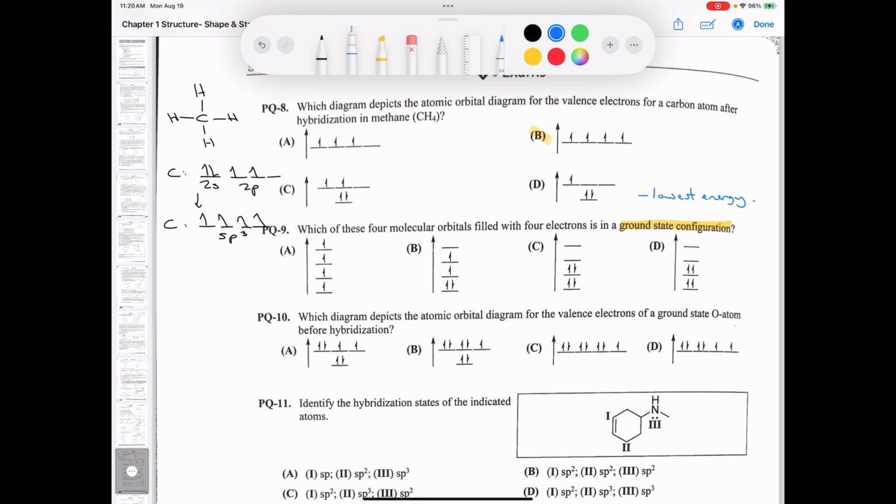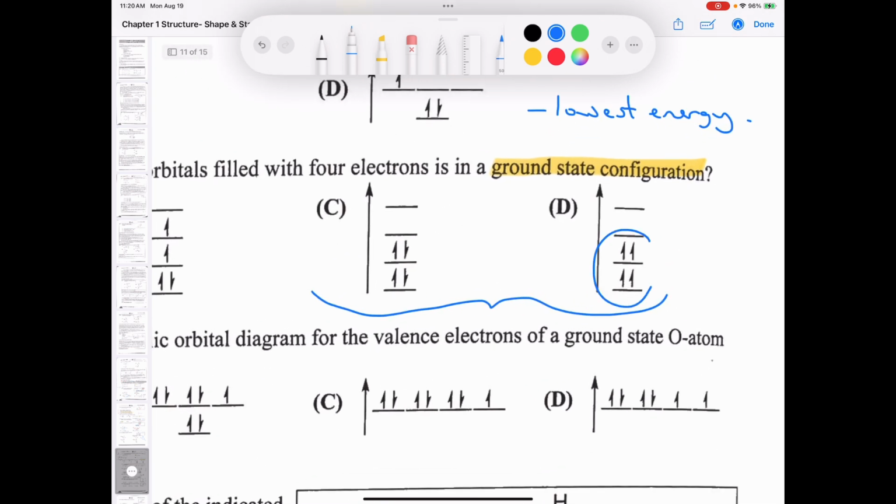You have the maximum number of unpaired electrons, but you can see that every orbital in here can hold a maximum of 2 electrons. And then the Pauli exclusion principle tells us that if you compare C and D, you might be tricked by D, but you can see that in D, everything is pointing up, okay? And that disobeys the Pauli exclusion principle, which means the 2 electrons that exist in the same orbital have to have opposite spins.